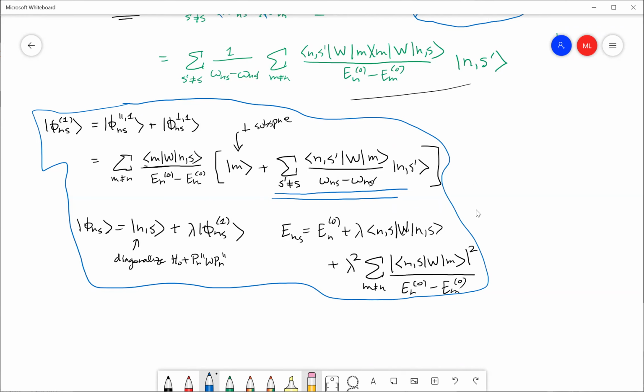Why? It's because if you have a degenerate subspace, then it's this denominator. The difference in those energy levels when they split due to perturbation, the splitting, right, is going to be of order lambda. And we divide by the energy splitting. So there's going to be a cancellation of one factor of lambda. And that's why it comes in at order W squared, right? Because the energies are very closely spaced together when they're degenerate originally.